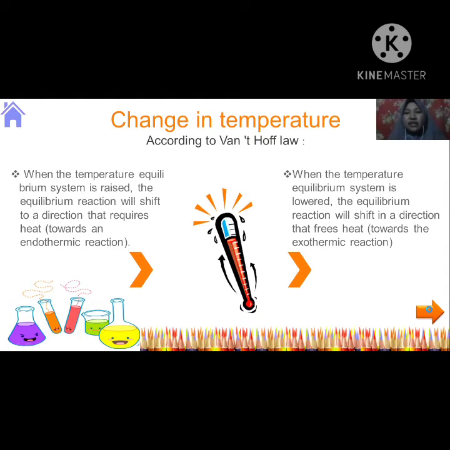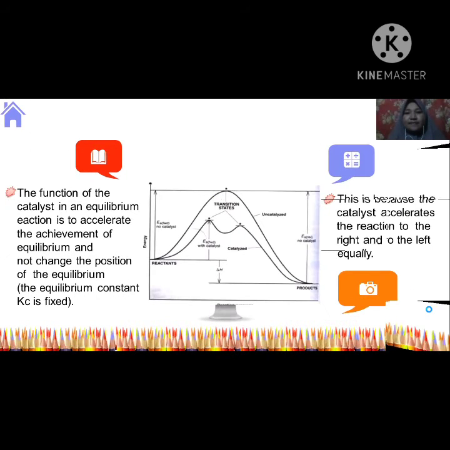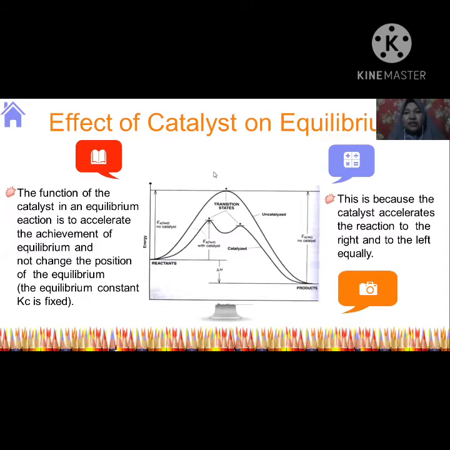So the next is the last factor that affects equilibrium shift, the effect of catalyst on equilibrium. The function of the catalyst in an equilibrium reaction is to accelerate the achievement of equilibrium and not change the position of the equilibrium. The equilibrium constant Kc is fixed.